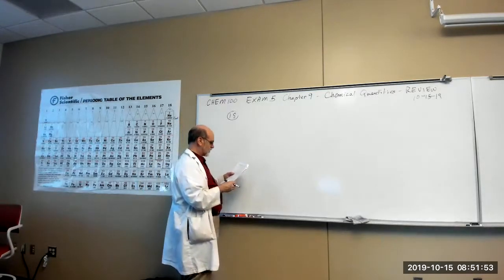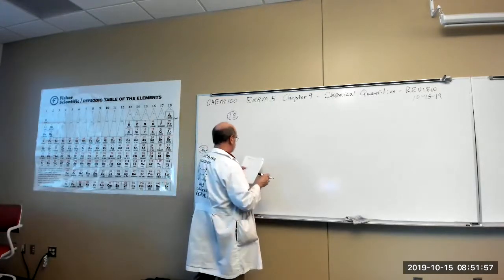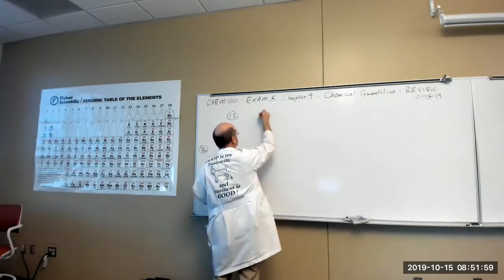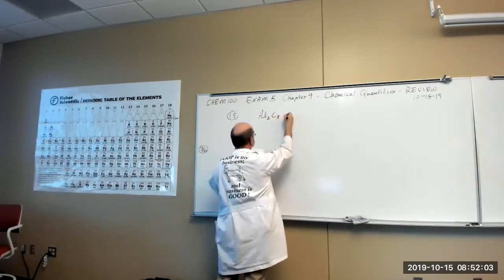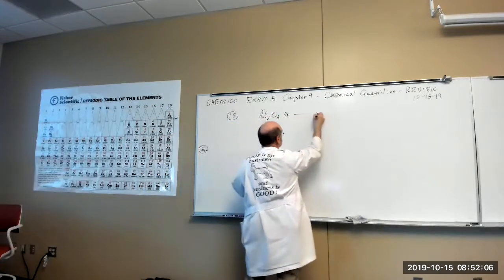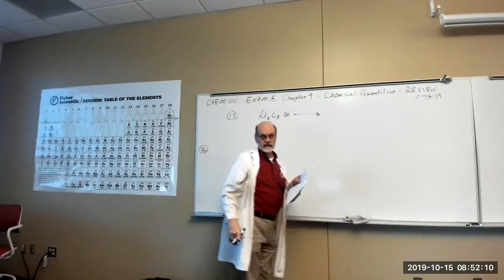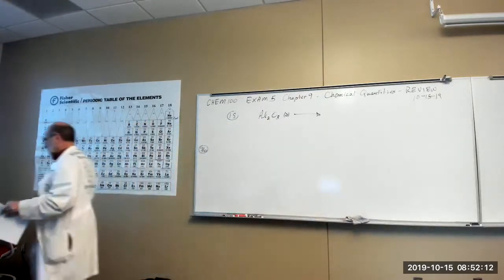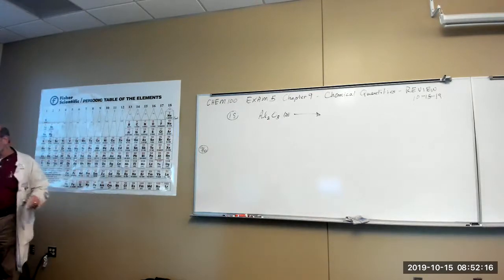So write the balanced equation first. That's the hint. When we decompose aluminum oxide, what happens? Compound to elements. That's what we're saying. We're not given any other information.